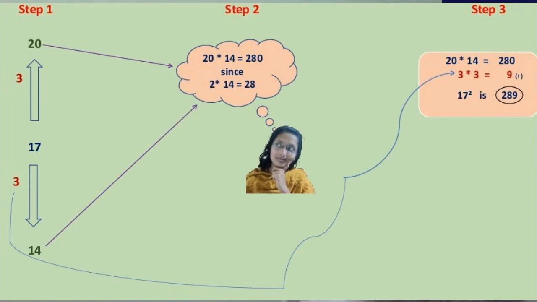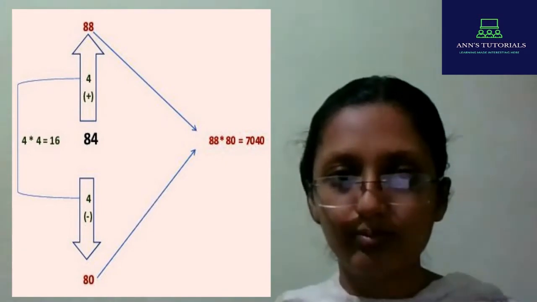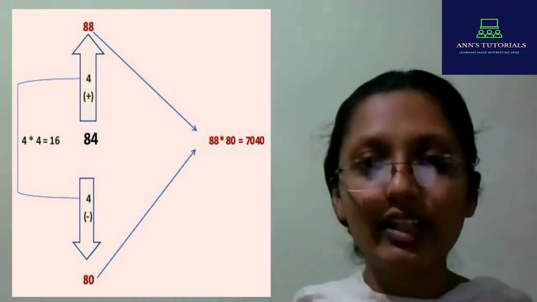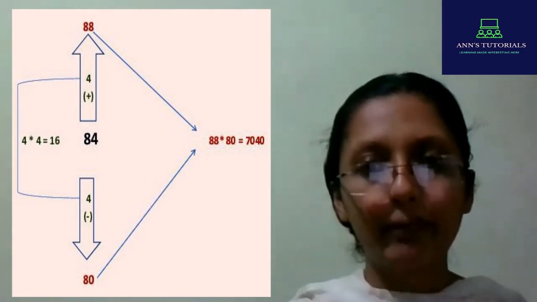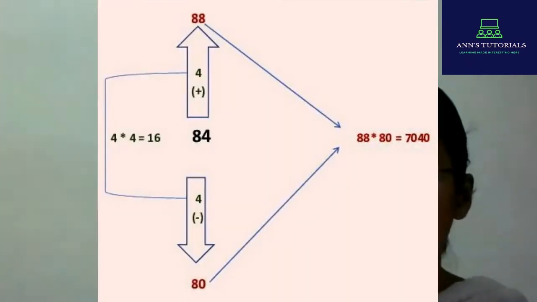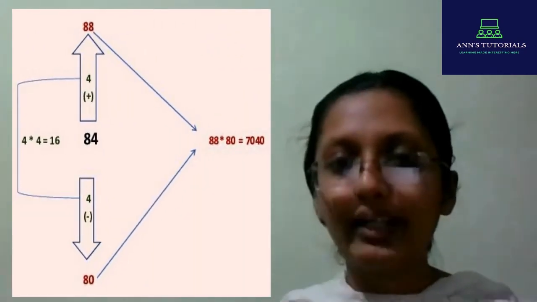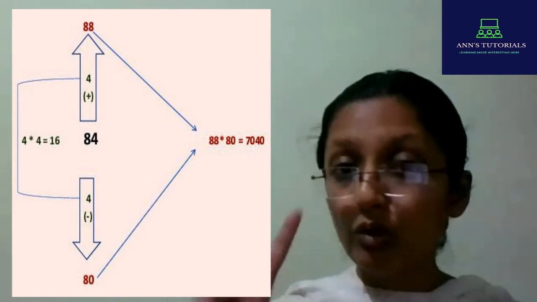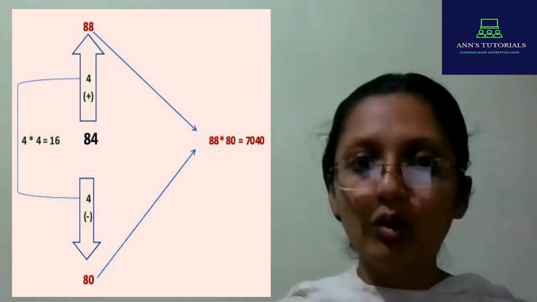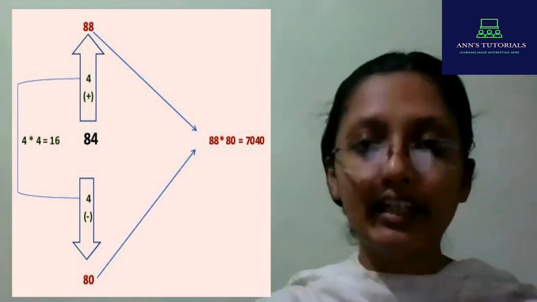Okay. Similarly, let's calculate 84 square now using the same short trick. Firstly, we will change 84 into a number ending in 0, say for example 80. So we will move down from 84. We will move 4 down to 80 and then we will move 4 up to 88.